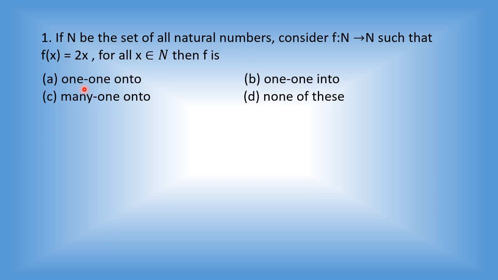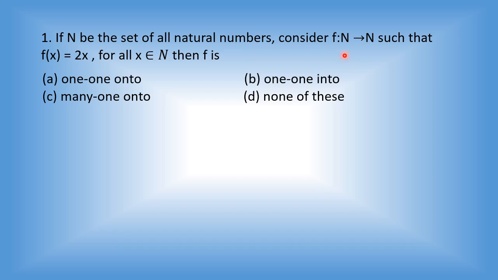One-one means f is a mapping from N to N. N is the domain set and this N is the codomain set. Distinct elements of this domain set have distinct images in the codomain set, then we say the function is one-one. Onto means every element of the codomain set must have at least one pre-image in the domain set.